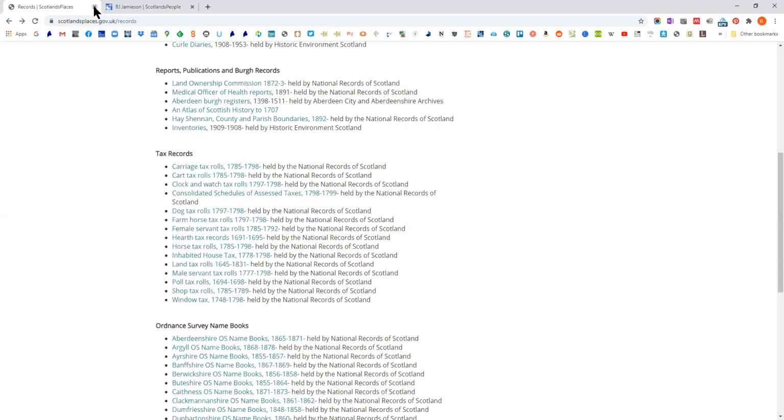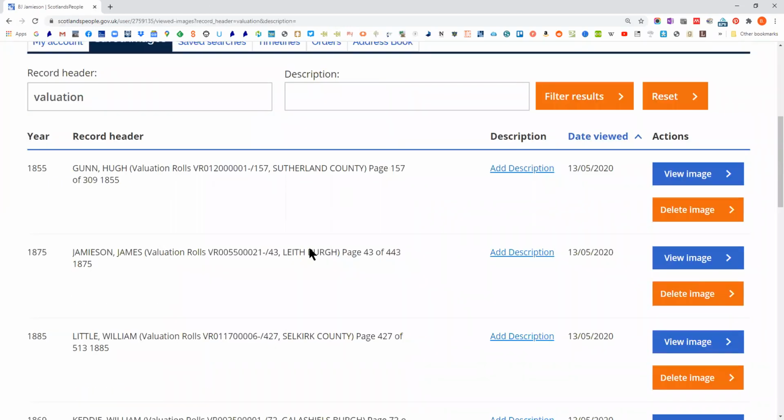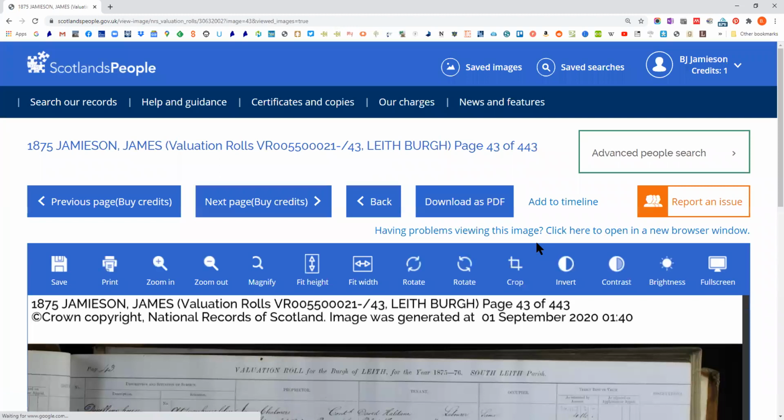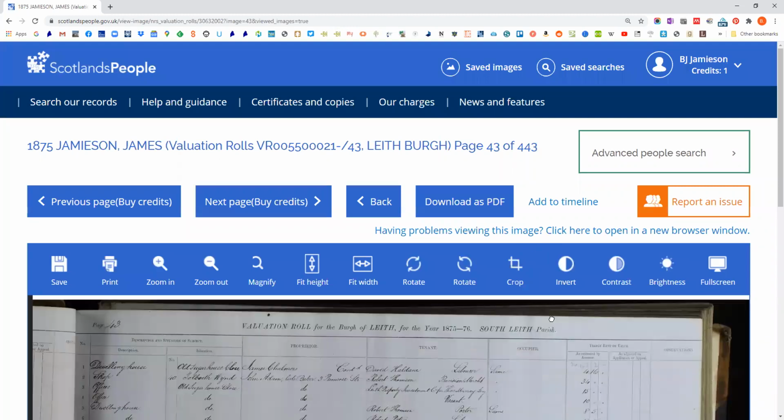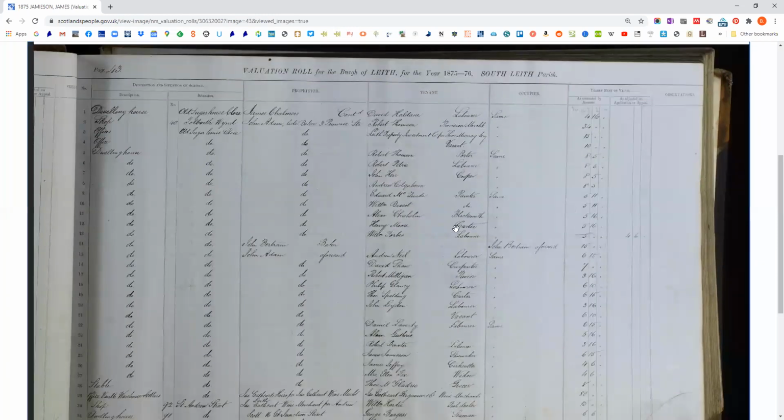The other thing for Scotland, there are valuation rolls for Scotland, and this is Scotland's equivalent of Griffith's valuation. And what they've done, they have them for the years ending in 5 and 6, because in the UK, the census is done in the years ending in 1.